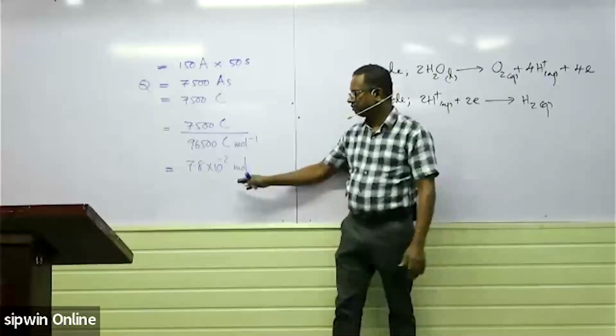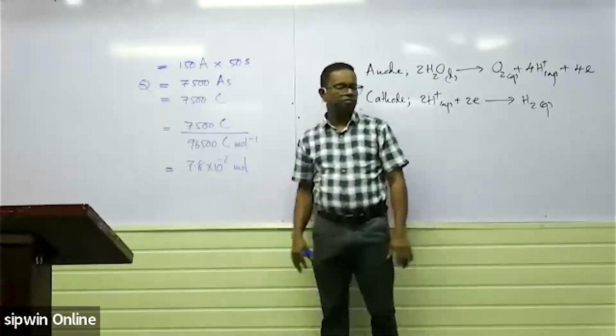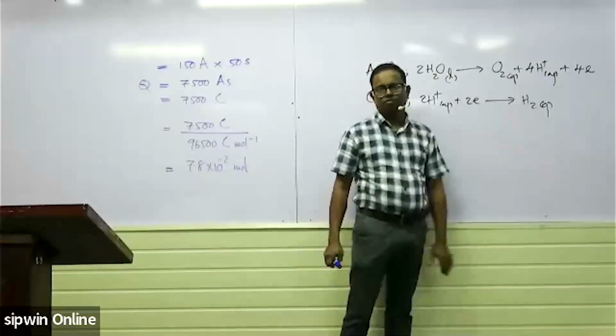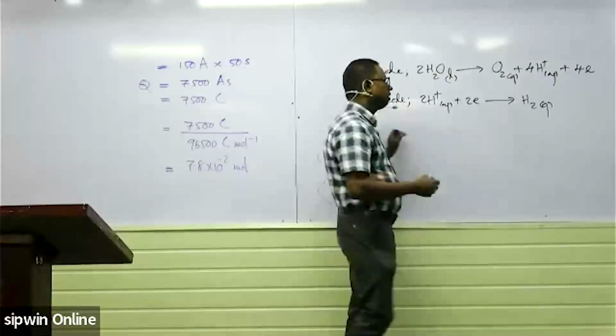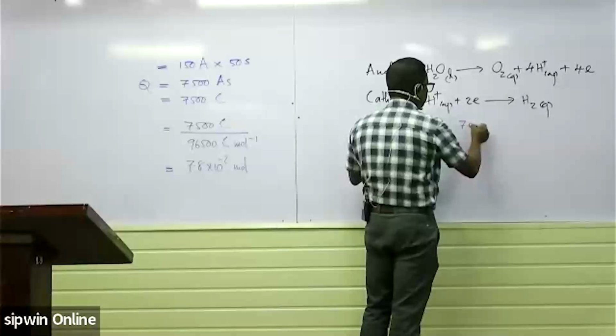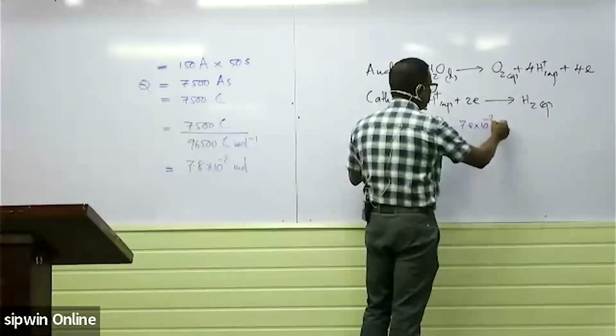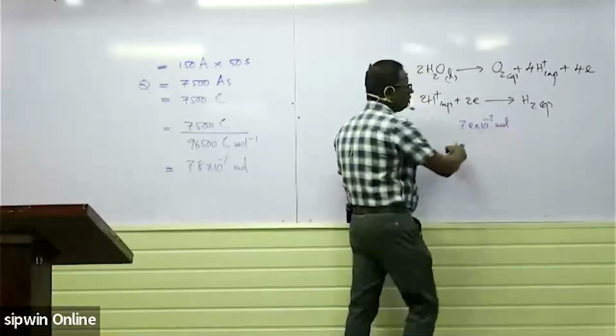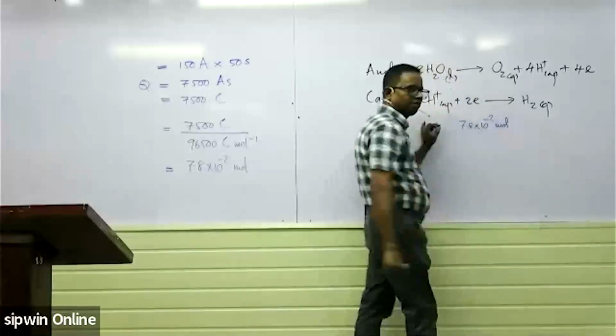So for 7.8 times 10 to the power minus 2 electron moles, hydrogen moles is half of that.